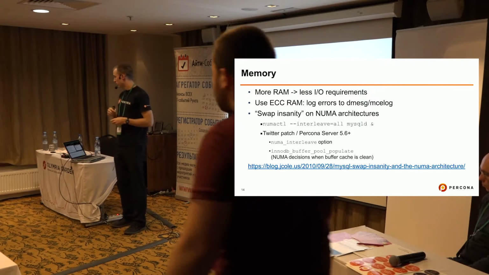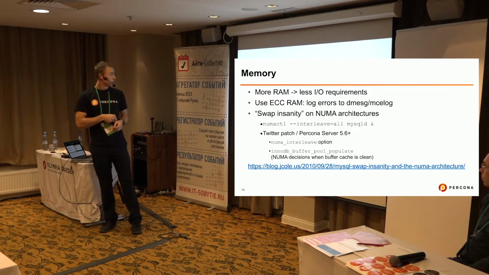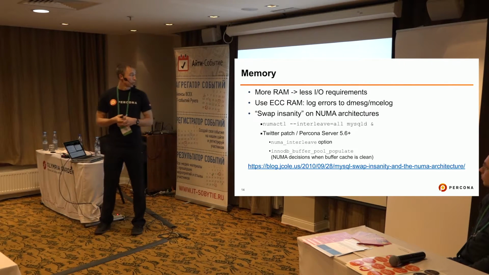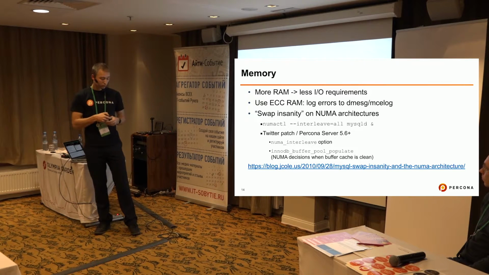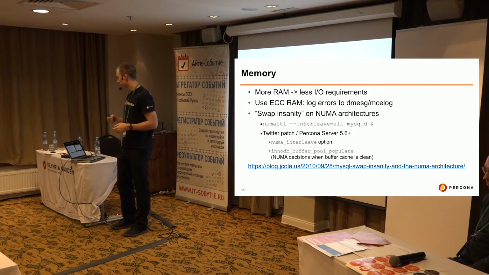So you should switch to interleave equals all. So you do numactl --interleave=all for mysqld. Or if you use Percona Server, starting from version 5.6, there are actually options that let you control swap insanity.